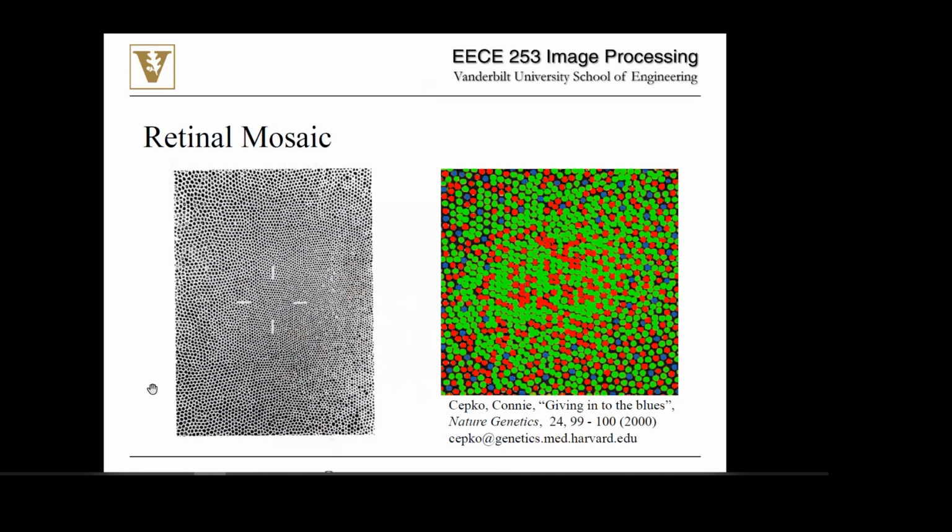Okay, so the retina looks like this. You see that the density of cells is different in space. There is a region where we have more cells, and as you go away from that region, the cells are sparser and sparser. These are cones and rods. This region where cells are more packed is the fovea.